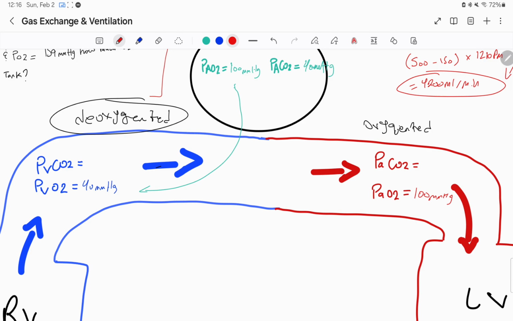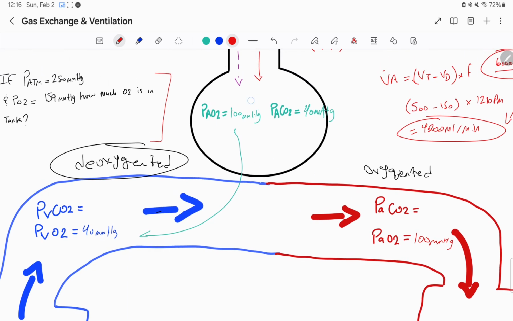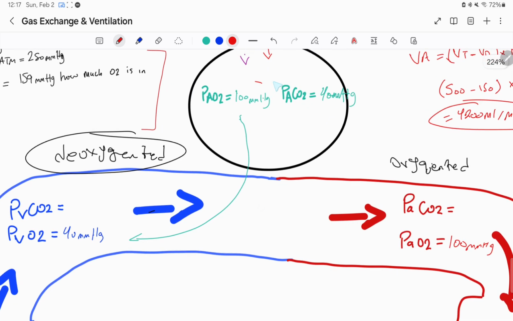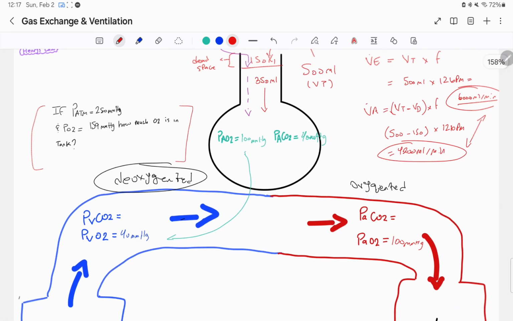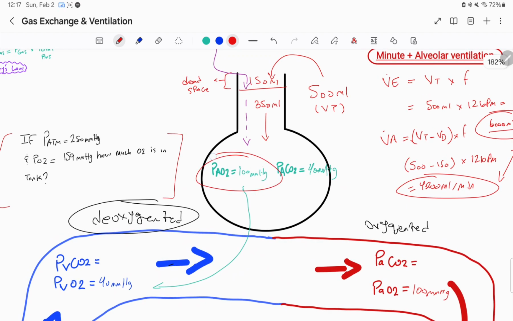A common question I always get asked is, does the partial pressure of the alveolar oxygen at that point drop down to about 40? The answer is no, because you are continuously replenishing this oxygen storage by breathing in. Think about it: you're taking 12 breaths per minute on average, about 0.2 breaths per second. So this partial pressure of oxygen at 100 is continuously being replenished.